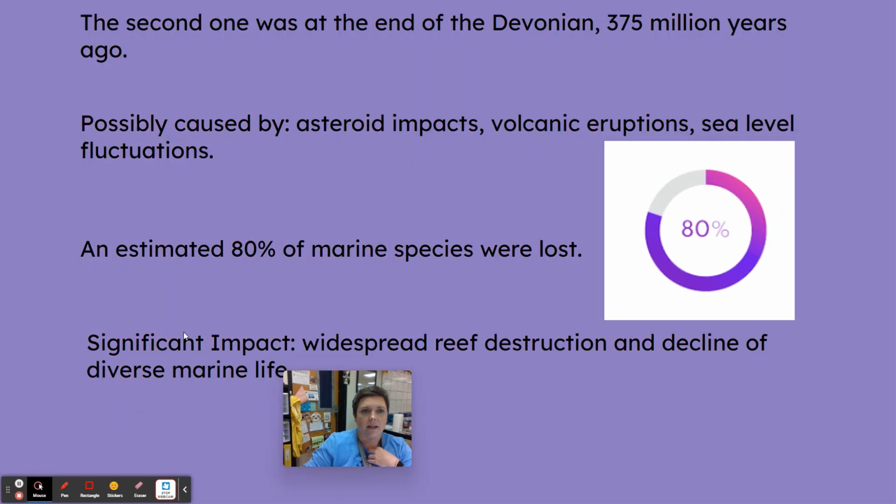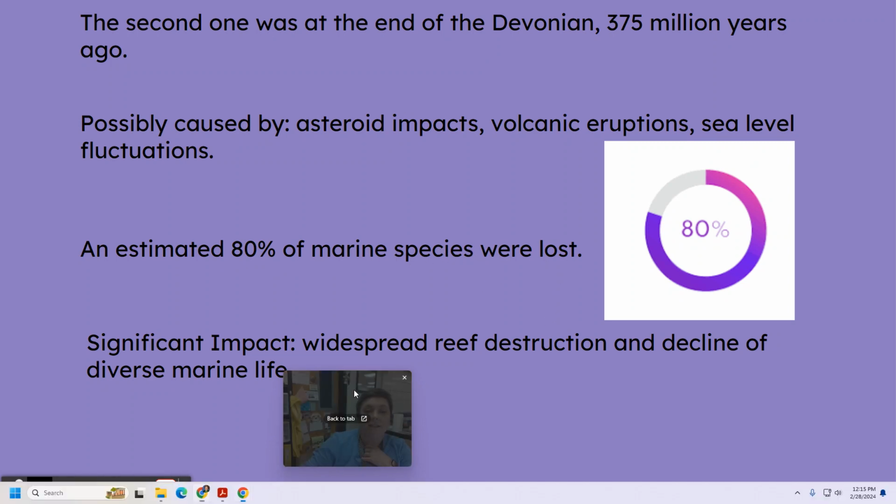The second one was at the end of the Devonian. This was 375 million years ago. And this one, we do have some evidence that there were asteroid impacts, volcanic eruptions, and sea level fluctuations. An estimated 80% of marine species were lost.